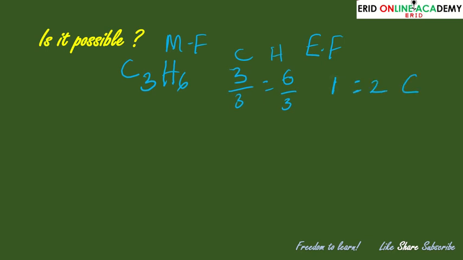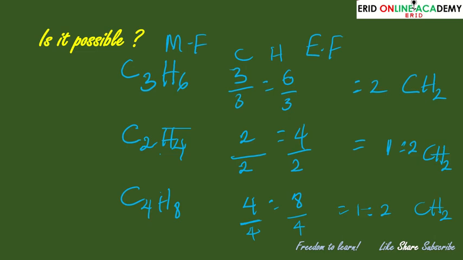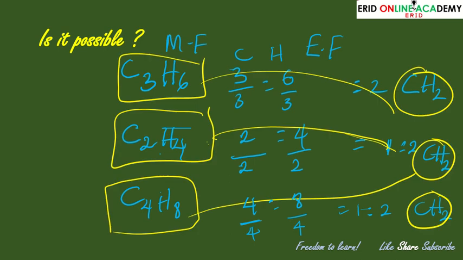So its empirical formula will be CH2. So it is possible for different compounds to have the same empirical formula.